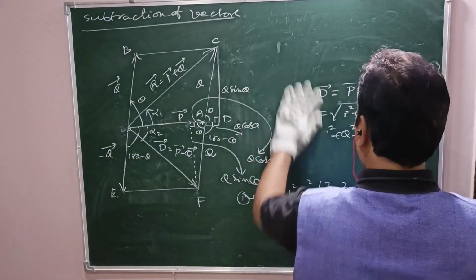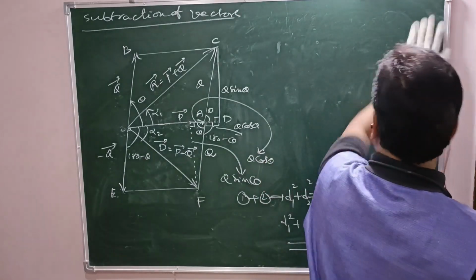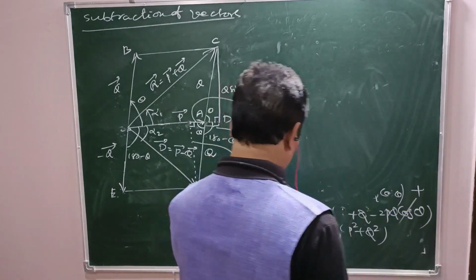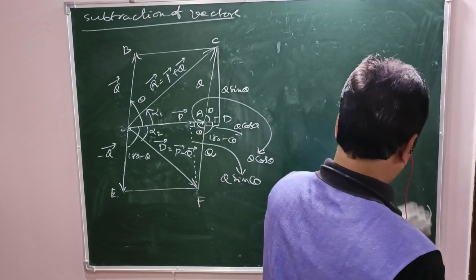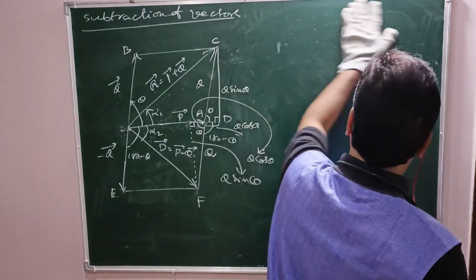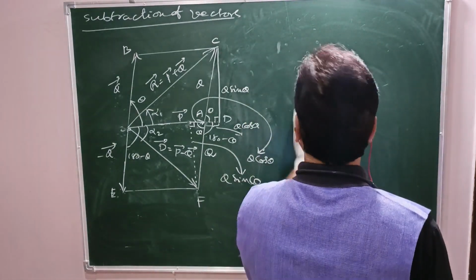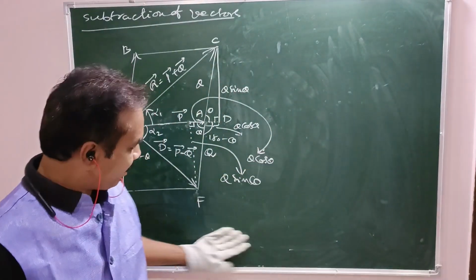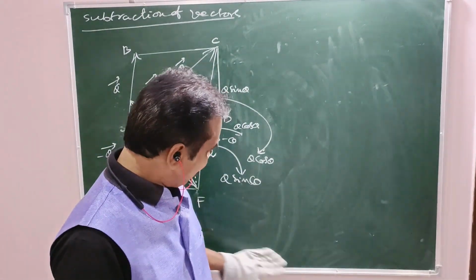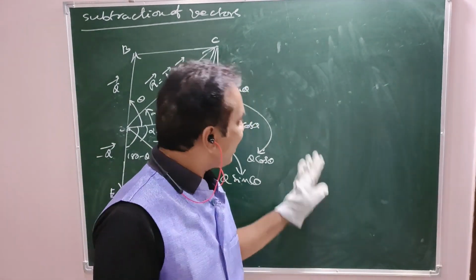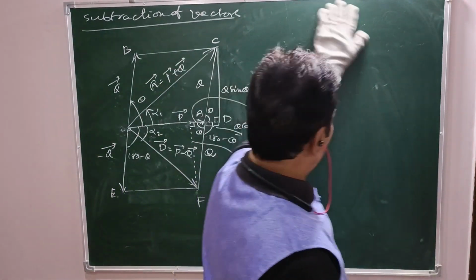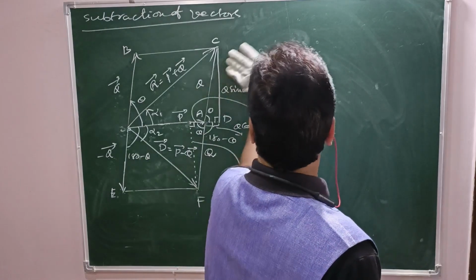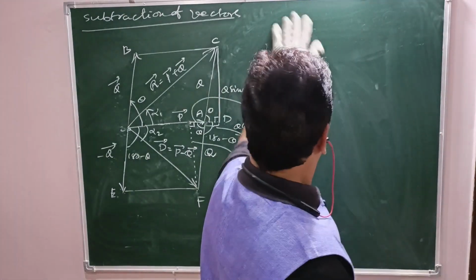Now, special cases in case of subtraction of vectors. In the previous class, we came across special cases in case of addition of vectors. In the same way, you can have different magnitudes of difference of two vectors with the change of angle between them.